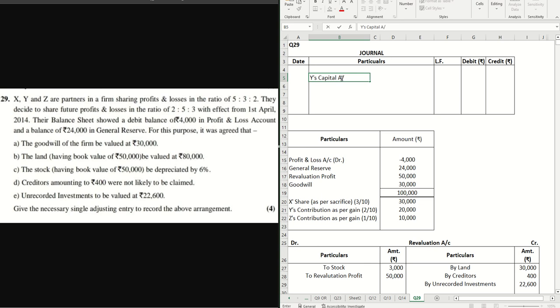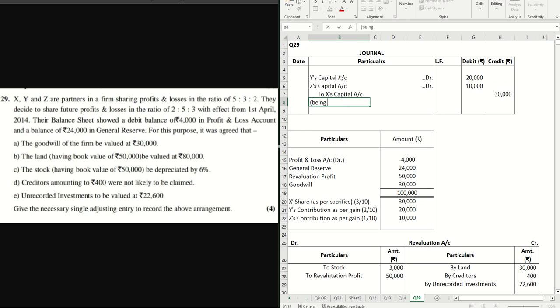All right. Straightforward. Just be careful about the adjustments. This will be 20,000 for Y, 10,000 for Z, and 30,000 for X.